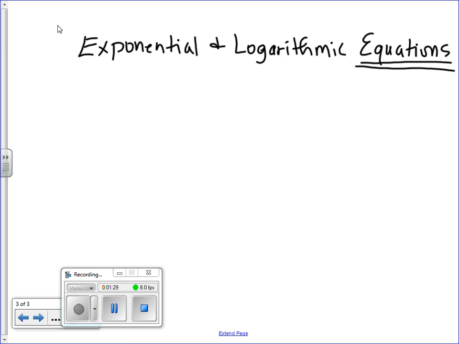But just remember, they are inverses of each other. Like if you had an equation with multiplication, you would do the inverse, which is division. So we're going to get to the point where we're going to have an equation with a logarithm, and we'll have to do the inverse, which is an exponent.